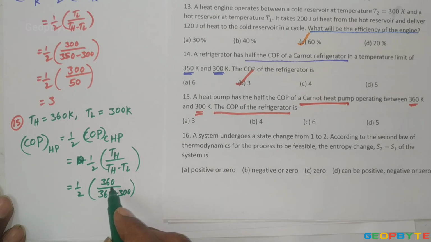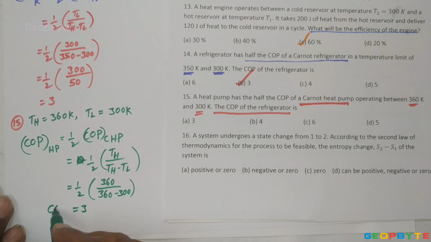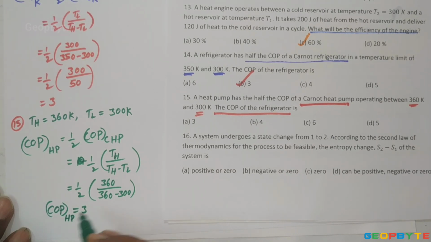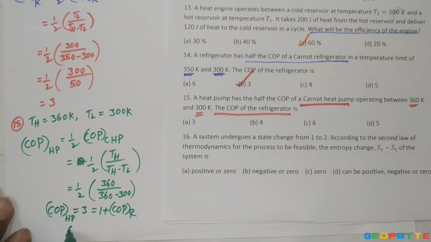It is 360 by 60, 6. 6 by 2, 3. This is the COP of the heat pump. If the COP of the heat pump is 3, the COP of the heat pump must be equal to 1 plus COP of the refrigerator. From this, COP of refrigerator equal to 3 minus 1 is equal to 2.